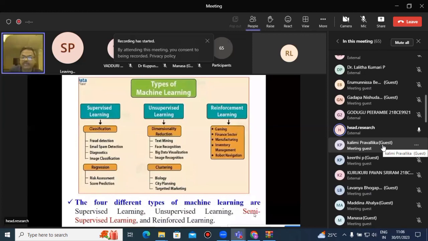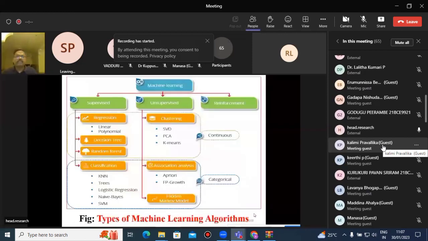The four different types of machine learning algorithms we are using are supervised learning, unsupervised learning, semi-supervised learning, and reinforcement learning. Semi-supervised learning is based on the combination of supervised and unsupervised learning. So these are the machine learning algorithms. Take regression: linear, polynomial. Classification: k nearest neighbor, trees, logistic regression, naive Bayes, support vector machine.